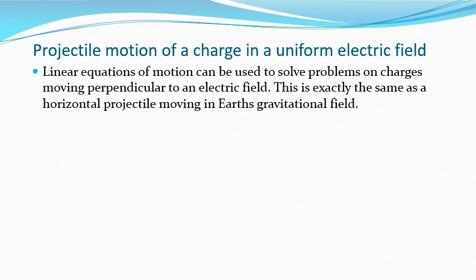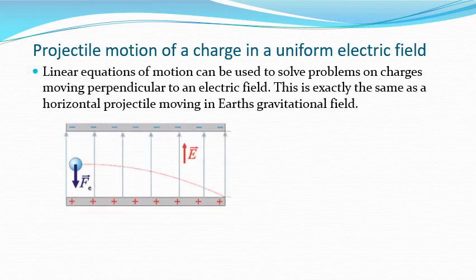Okay, let's move on and look at projectile motion of charges in a uniform electric field. These can be solved in a very similar way to how we solve horizontal projectile motion in gravitational fields. So we can have a charge moving from left to right within this particular plate.